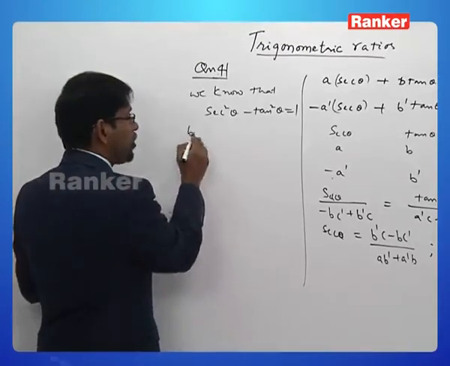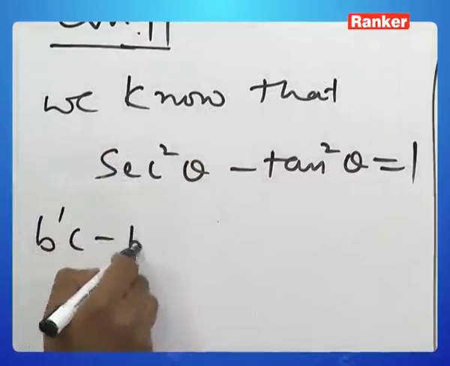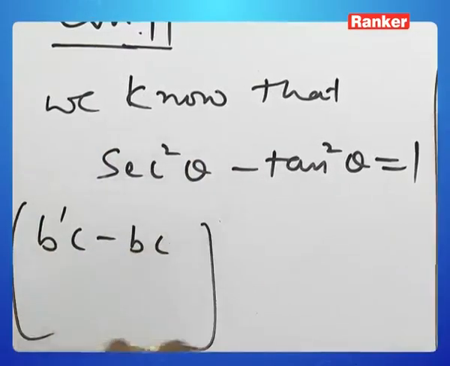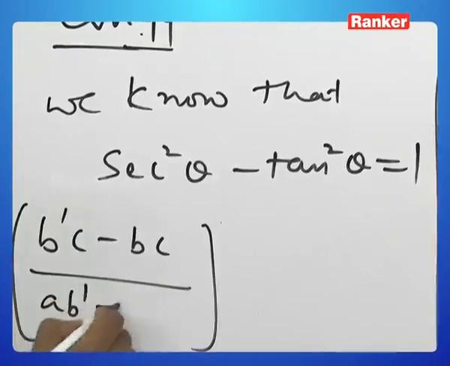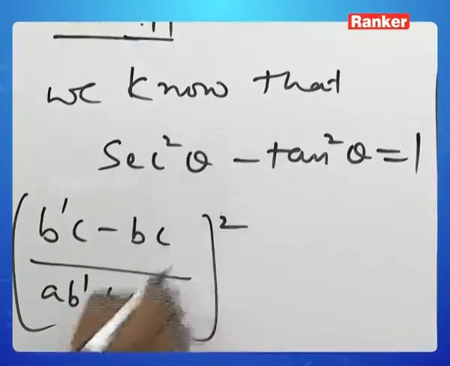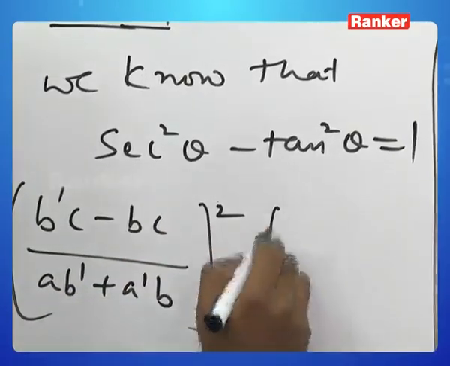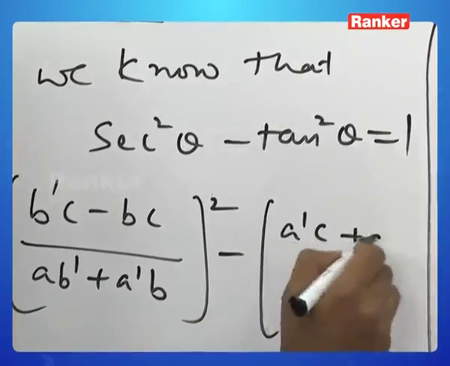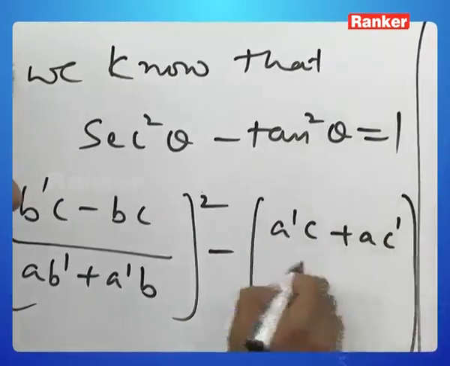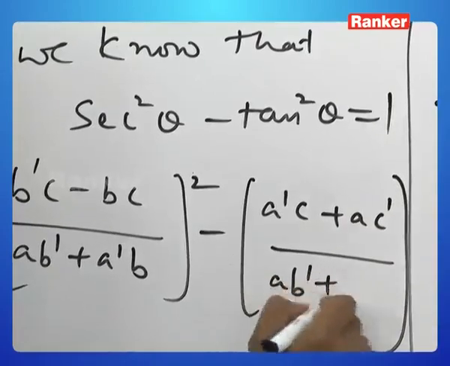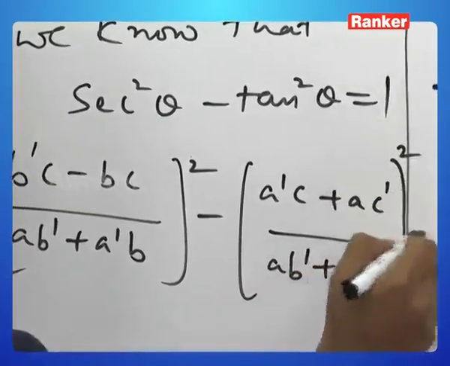And what is that coming out to be? (b dash c minus bc dash) by (ab dash plus a dash b) the whole square minus (a dash c plus ac dash) by (ab dash plus a dash b) the whole square is equal to 1.